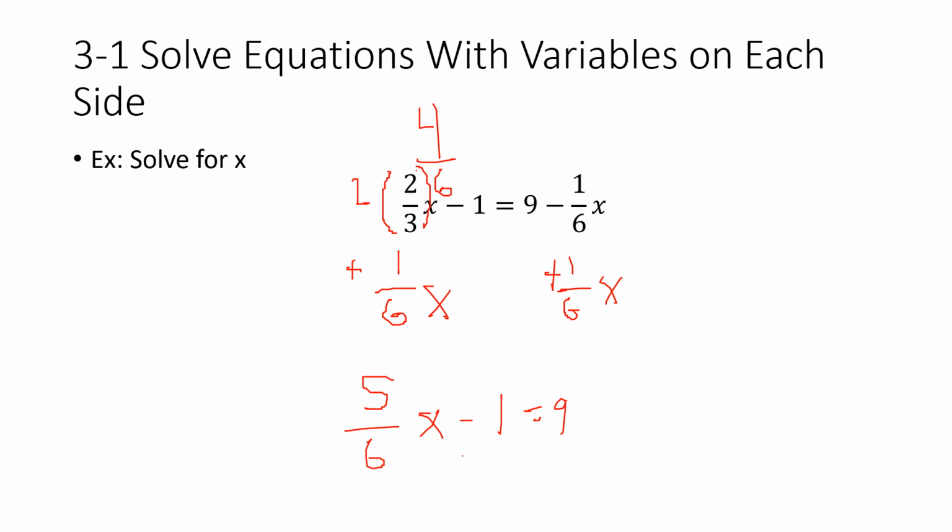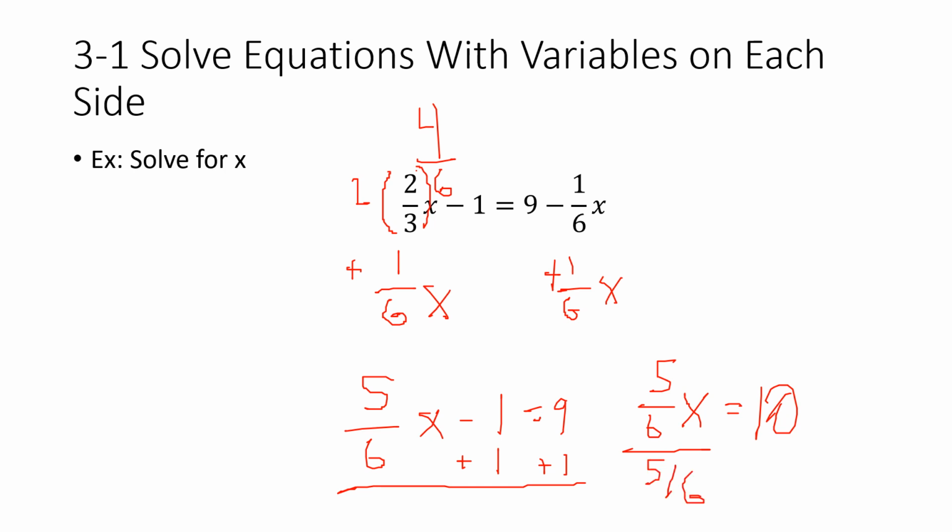Now, once again, inverse operations. You're going to add 1 to both sides. You are left with 5/6 x equals 10. Now, here comes the other trick. This is multiplication, and the opposite of multiplying is to divide.